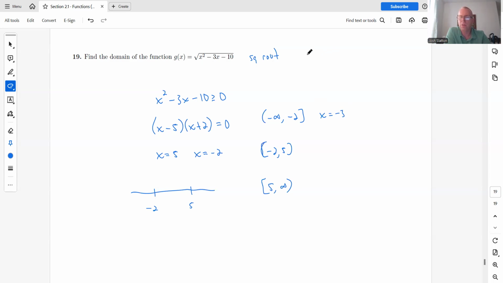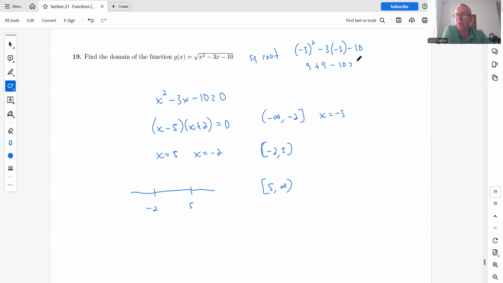So what is, oh, yeah, we're looking at x. And let's not worry about the square root, but actually, let's not even write g of -3, just so we don't get confused. Plug in -3 for the x. So -3 squared minus 3 times -3 minus 10. That gives us 9 plus 9 minus 10.